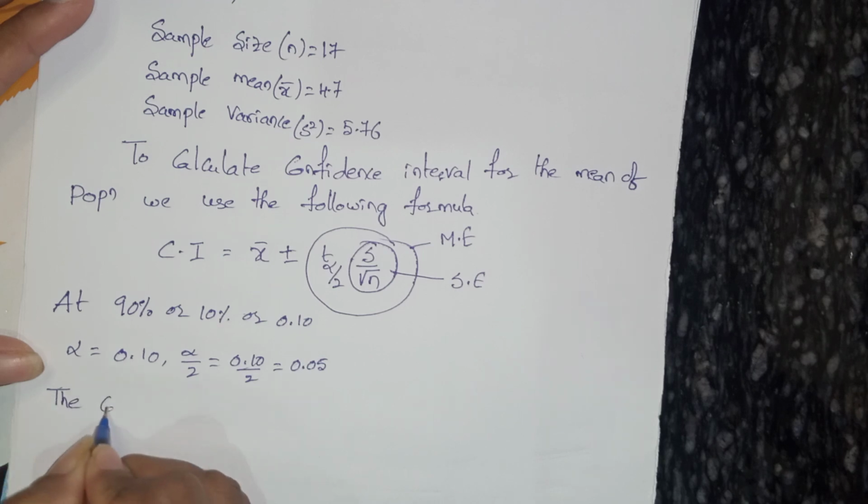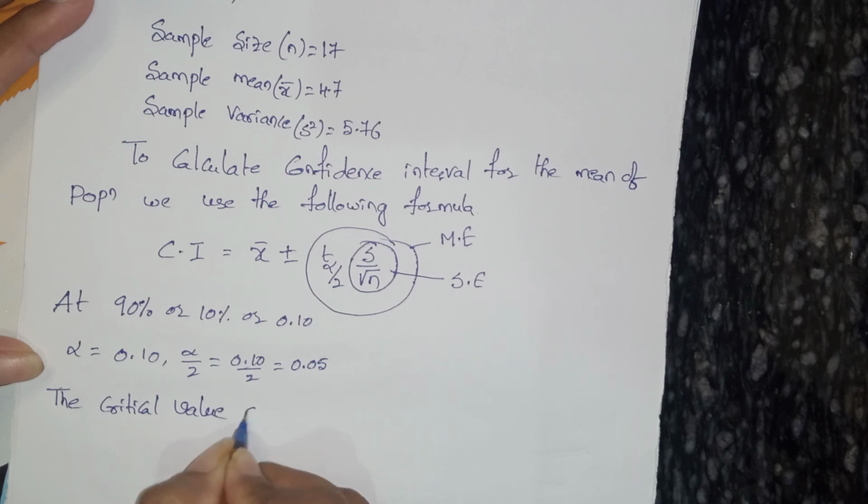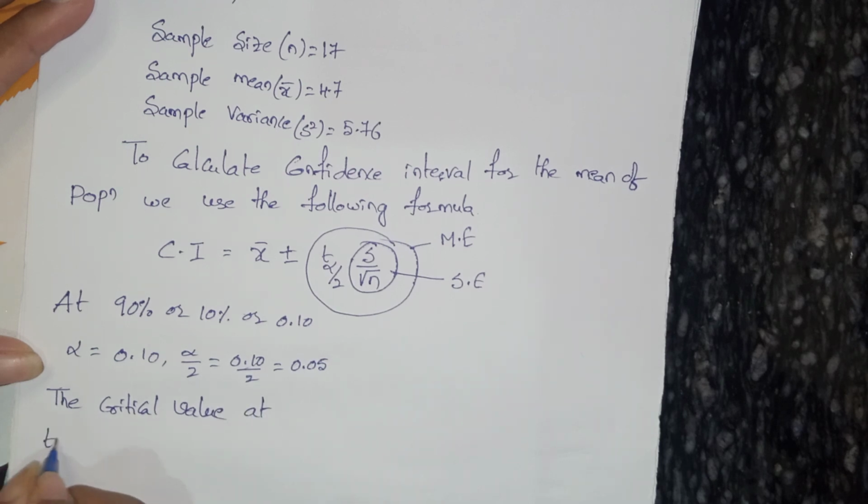Okay, so the critical value at t 0.05 with n minus 1 degrees of freedom.